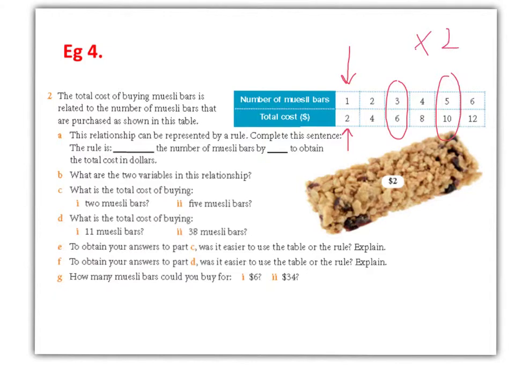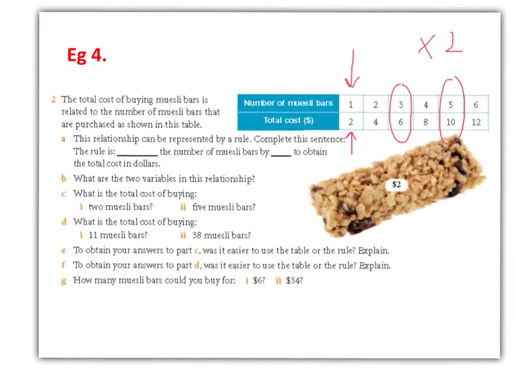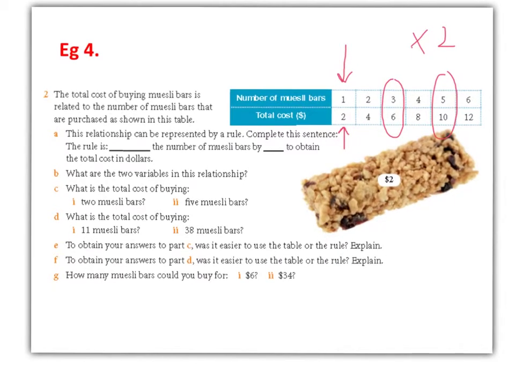So now that we've figured out what our rule is, we can fill in the blanks. The rule is multiply. I'm not going to be able to fit that in, so I'll just do a times sign. So multiply the number of muesli bars by 2 to obtain the total cost in dollars.